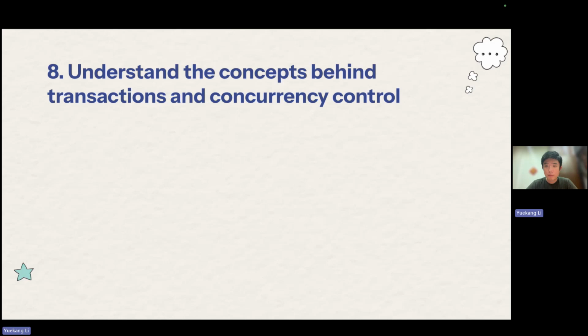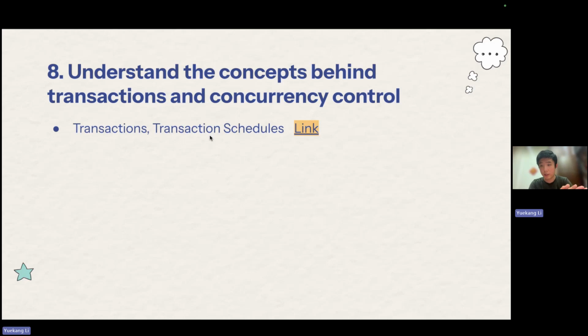The last main learning outcome here is that you should be able to understand the concepts behind transactions and concurrency control. This is another important mechanism of the DBMS. You should be able to know what transactions are and what transaction schedules are.